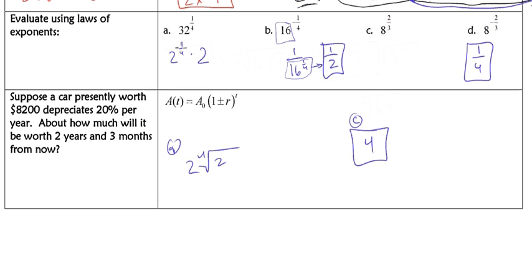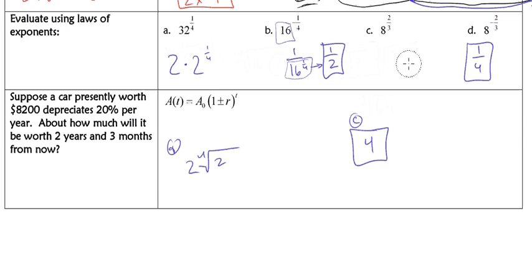So I know that 2 to the 1/4 times 16 to the 1/4 is really just 2 to the 1/4 times 2. And so we end up with 2 times 2 to the 1/4, there we are.